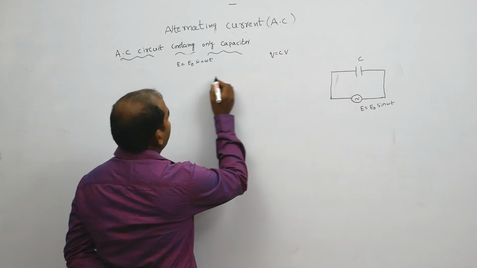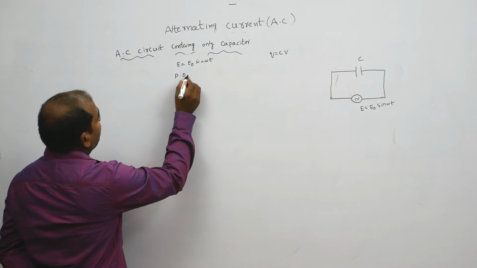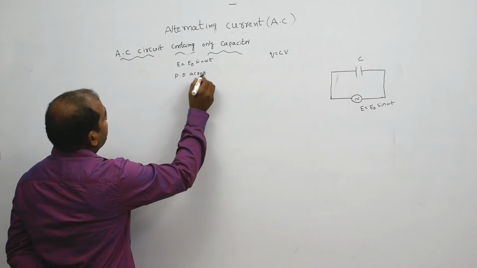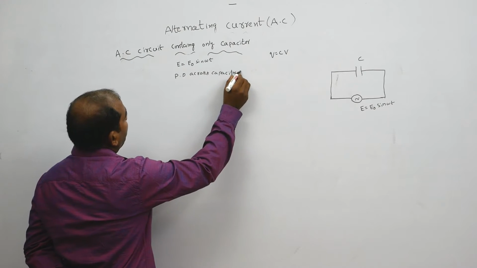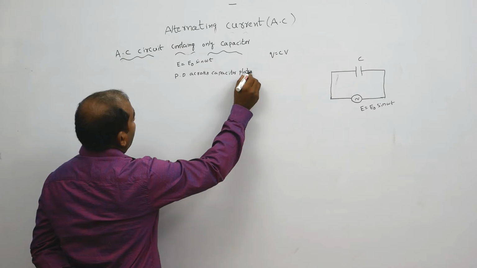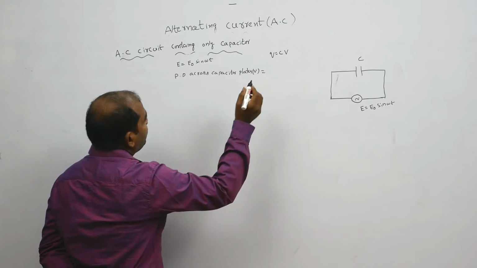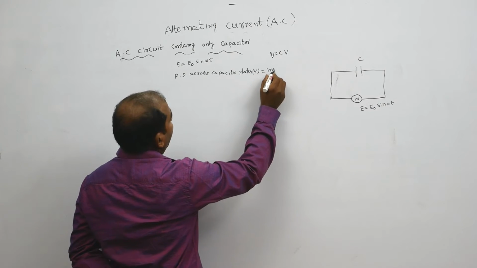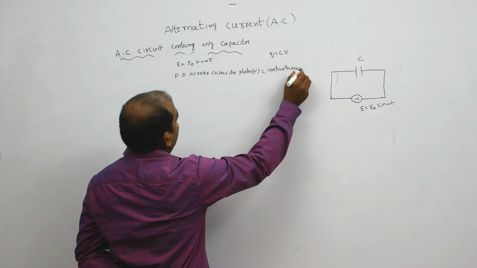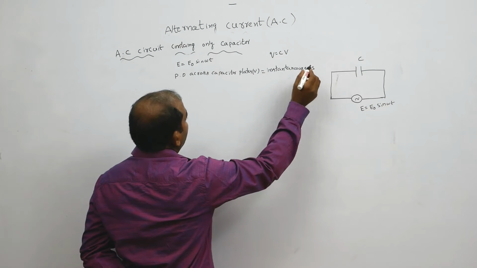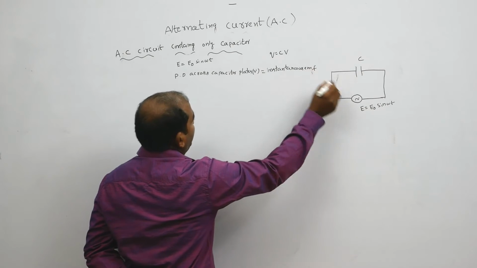So the potential difference across the capacitor plates, V, is equal to the instantaneous EMF of the circuit.